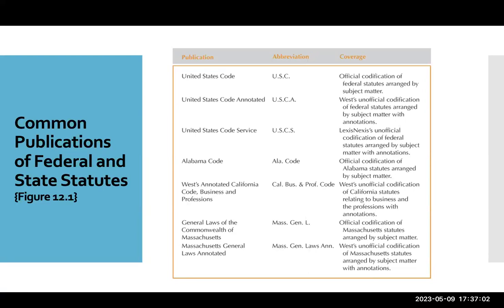As I stated, the typical citation includes an abbreviation of the actual statute's name. So USC stands for United States Code, USCA, United States Code Annotated, and the California Business and Professions Code is abbreviated as noted in the slide.